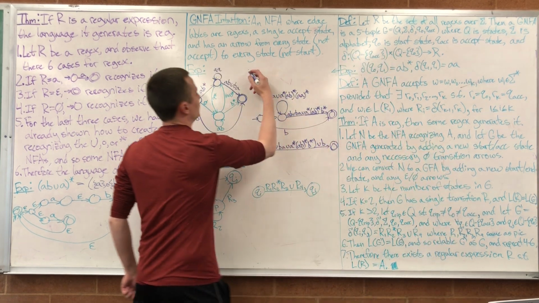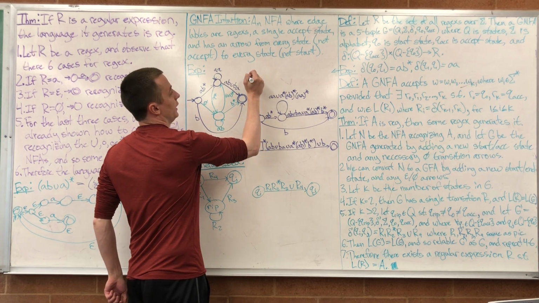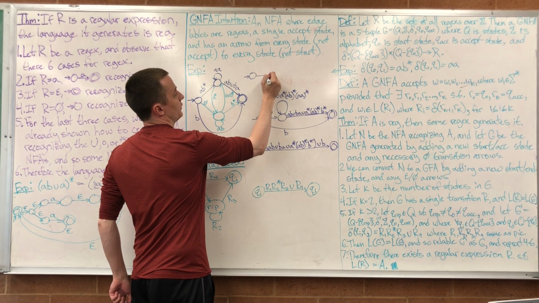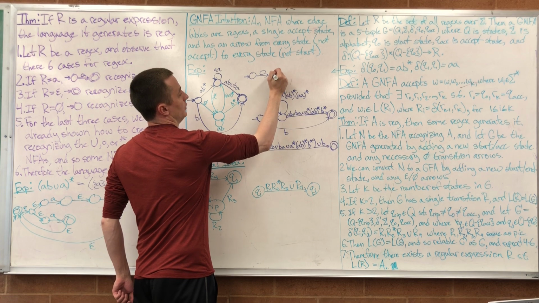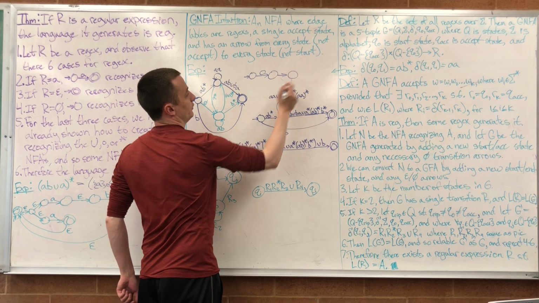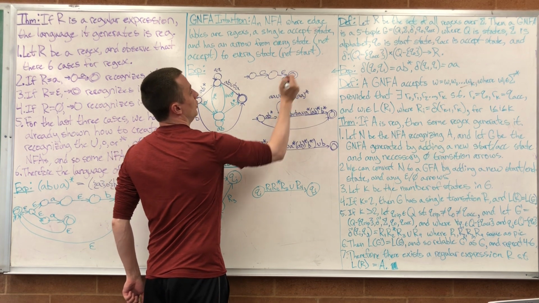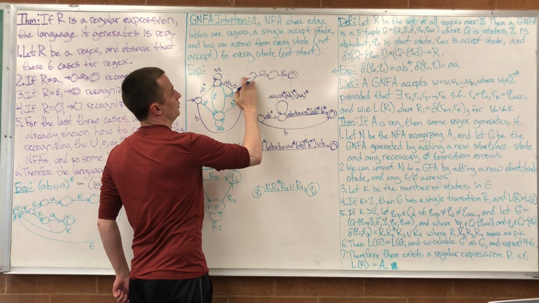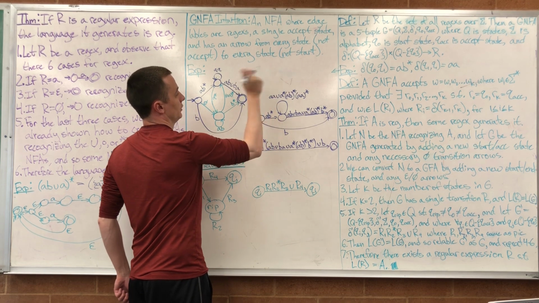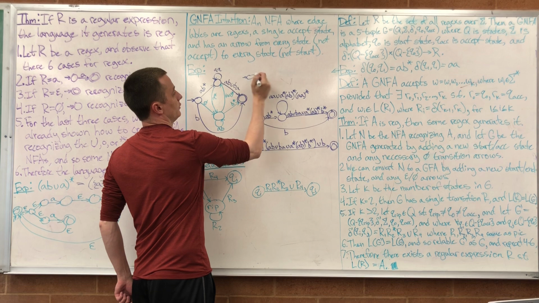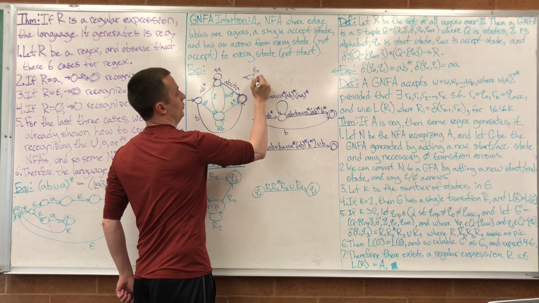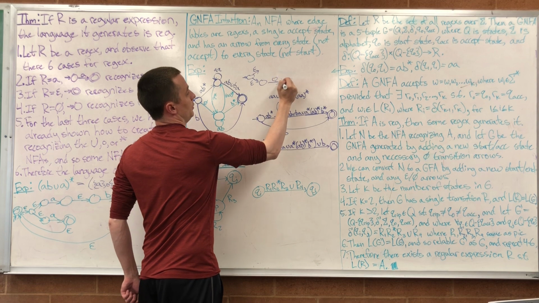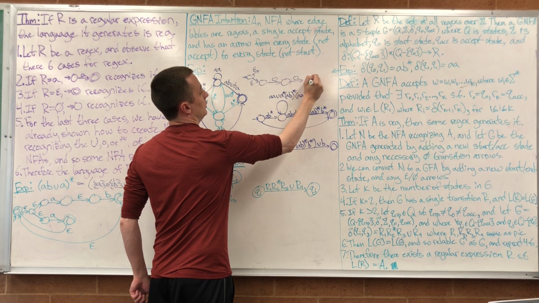So let me write a random NFA really quick here. Here's its start state, and it's looking for the substring 0,0 or the substring 1,1. So here's our start state. We can do an epsilon move over, and an epsilon move over. Here's 0,0.